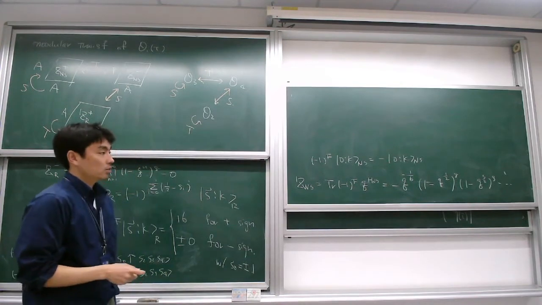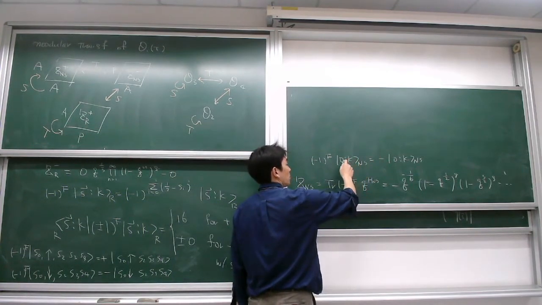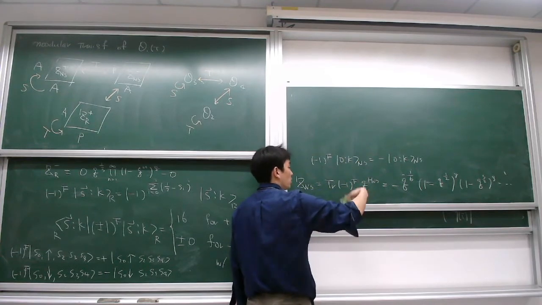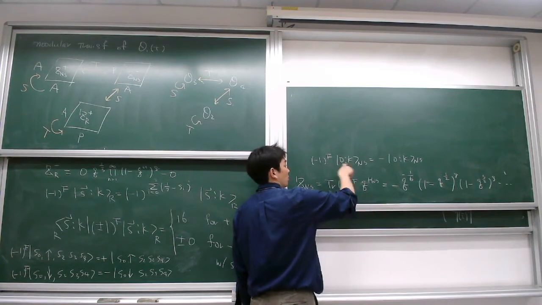It starts with the vacuum and just creates the Fock space, so it should start with -1.